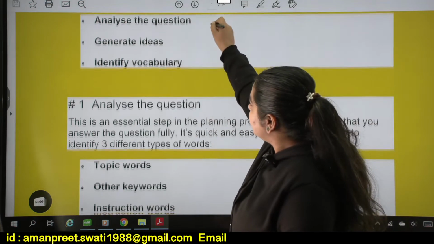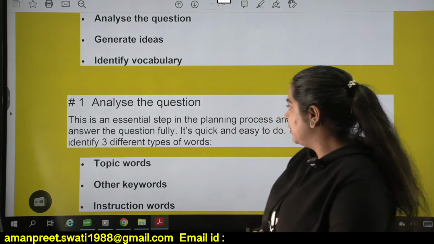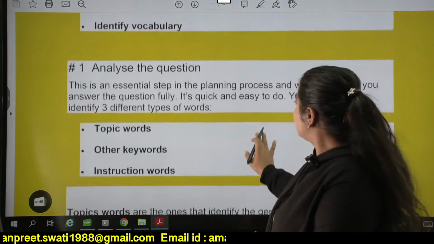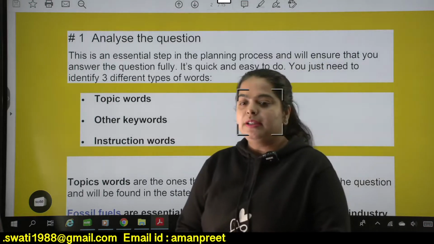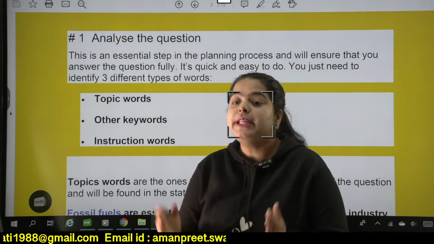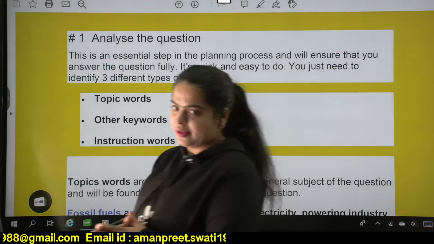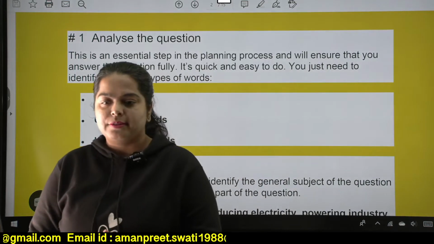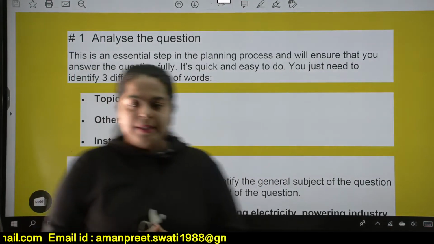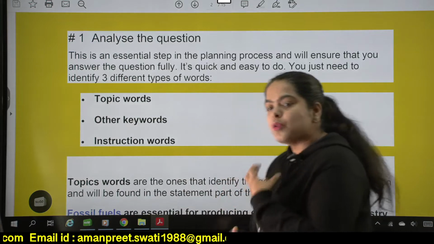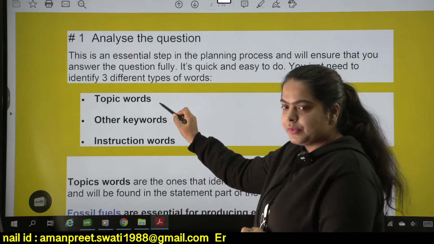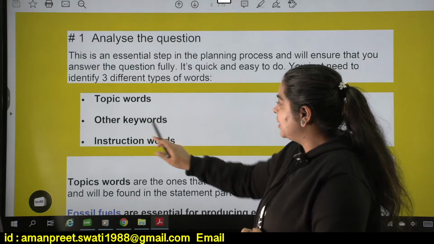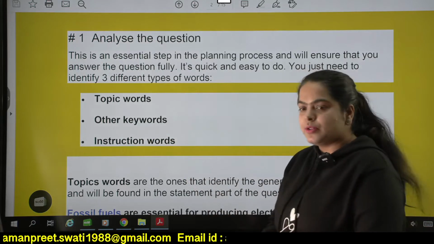Analyze the question. This is really very important. So how can you actually analyze the question? By identifying three types of keywords. Yes, you heard it right. Three types of keywords. The first one is the topic words, another one is your other keywords, and the third one is your instruction words.